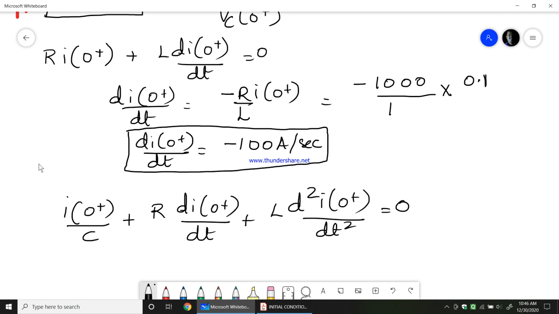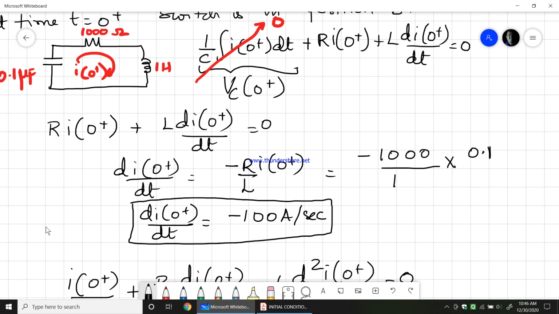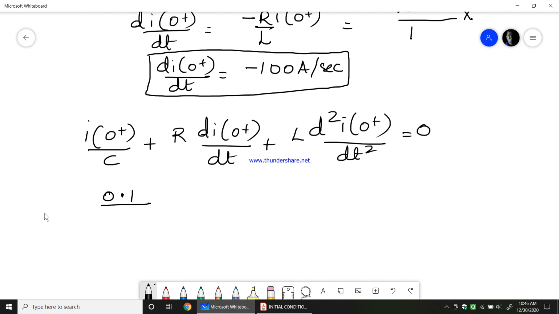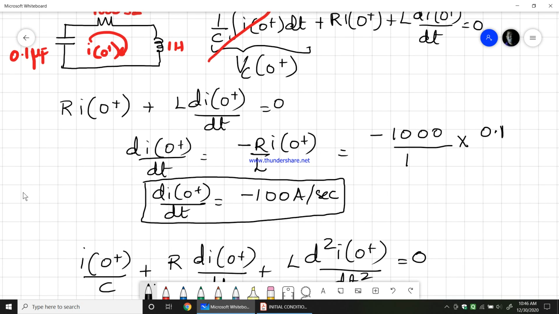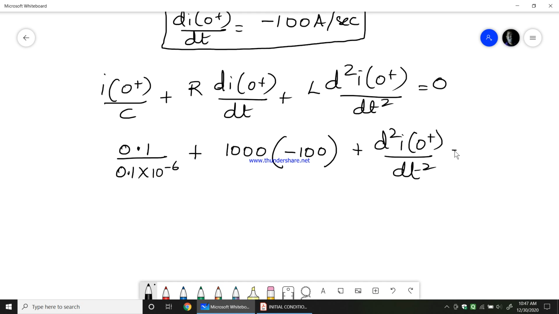Now i(0+) is 0.1 amps divided by C value, which is given in the question as 0.1 microfarad, plus R, given in the question as 1000, into di(0+) by dt, which is minus 100, plus L is 1, so d square i(0+) by dt square, which is equal to 0.